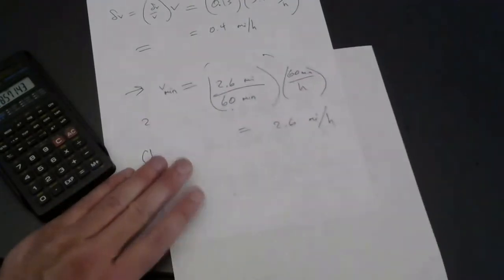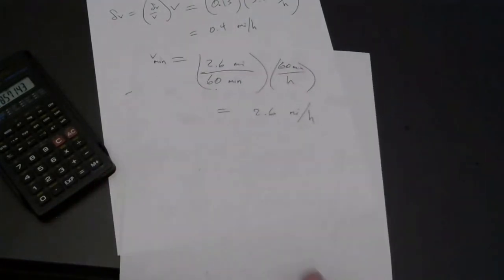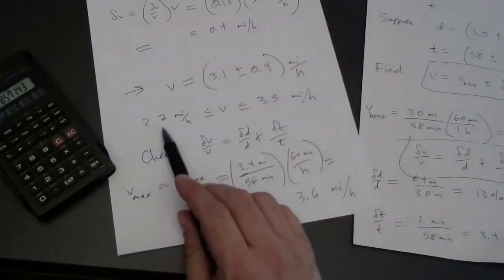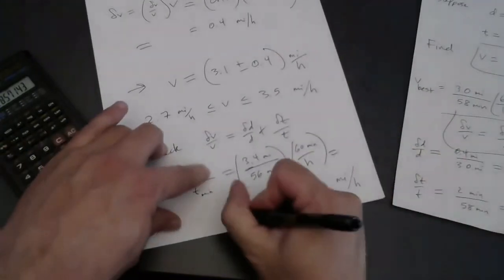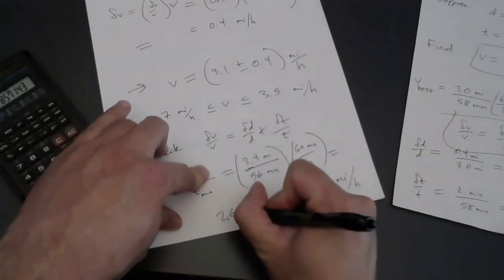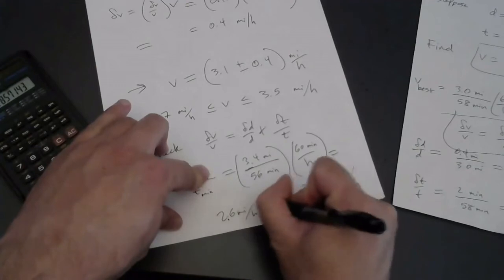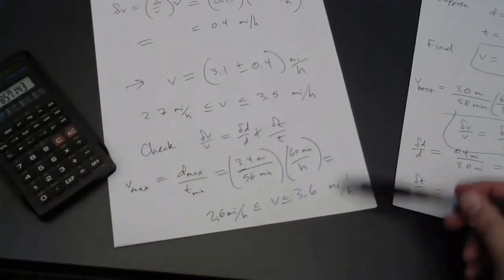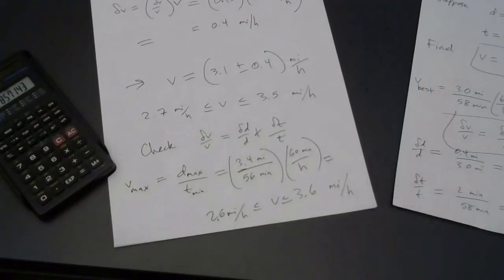So just by plugging in numbers, 2.6, how does that compare to 2.7? Pretty darn close. So the other way we found 2.6 miles per hour is less than or equal to the speed, which is less than or equal to 3.6. The agreement there hopefully gives you some confidence that this formula does a pretty good job.